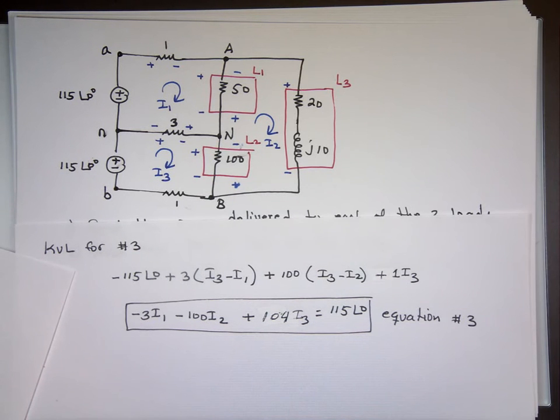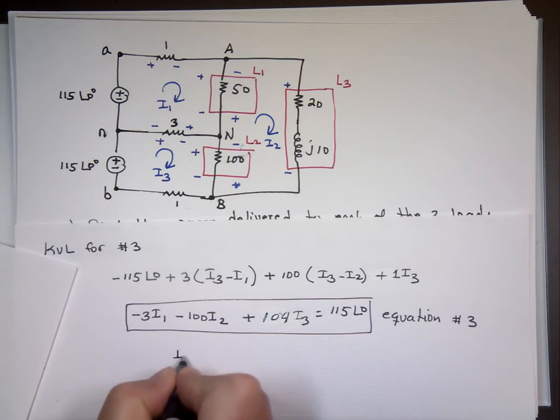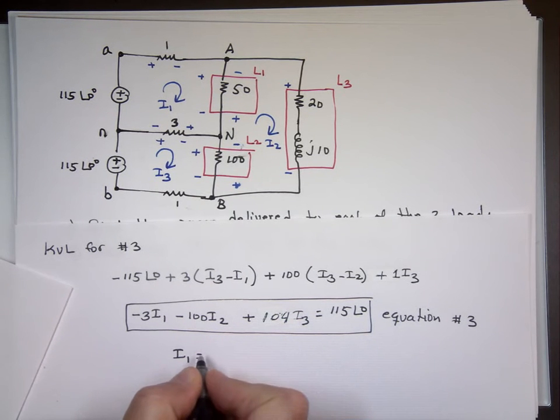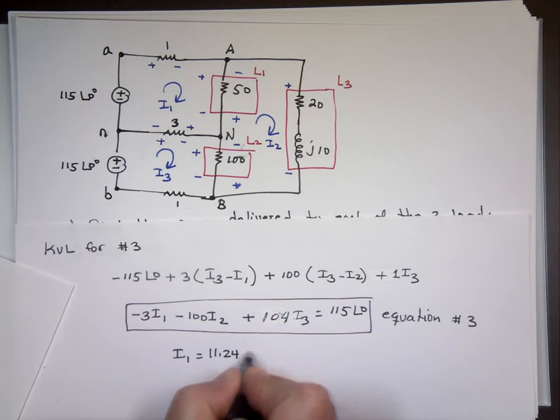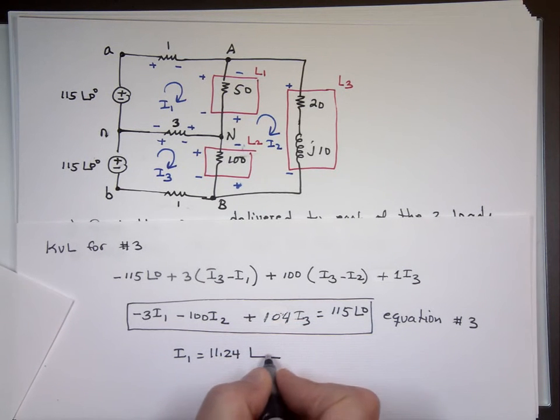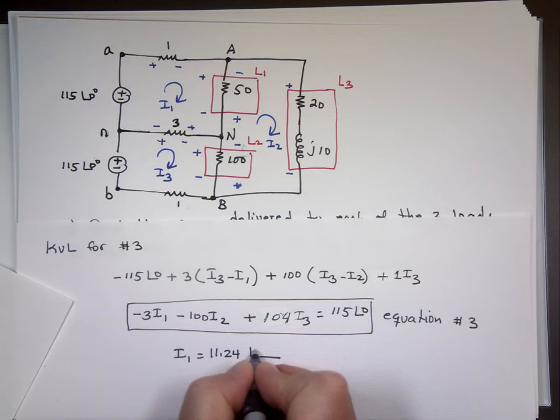So now I got 3 equations by 3 unknowns. And if I plug them into the calculator, here's what I sub 1 is equal to: 11.24 angle negative 19.8.